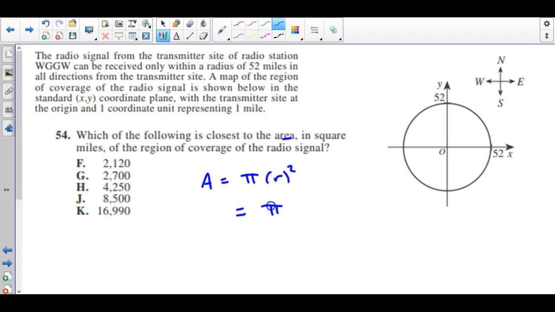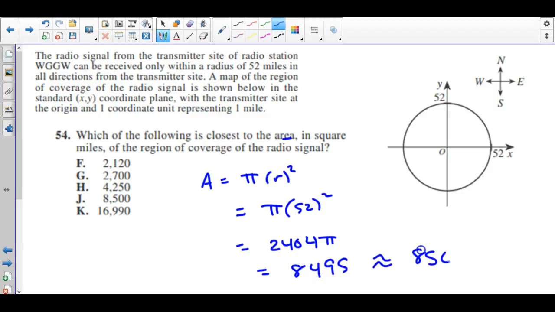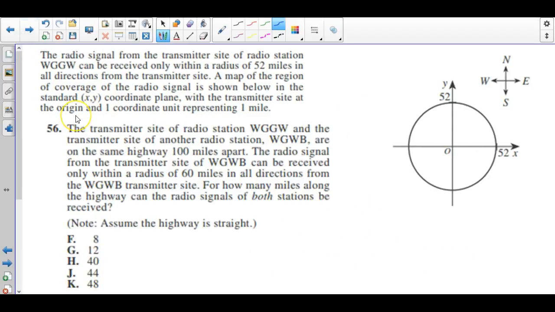So pi 52 squared, which is about 2704 pi, which if you multiply this out and round, it comes to 8495, which is approximately 8500. So J. So this is more or less just an area of a circle problem, and knowing that area of a circle is pi r squared.